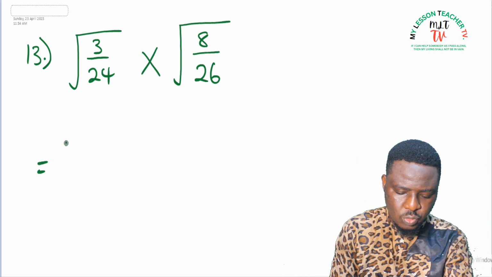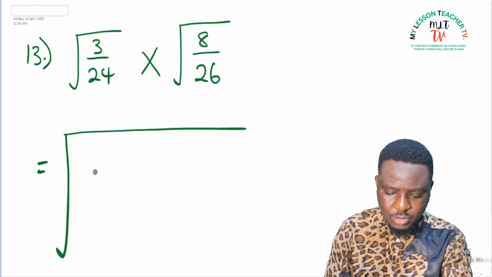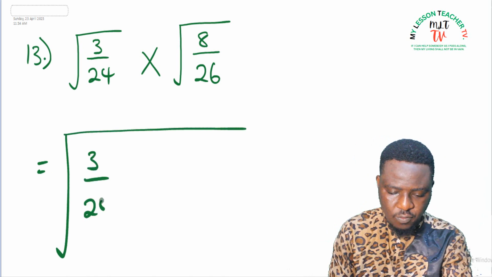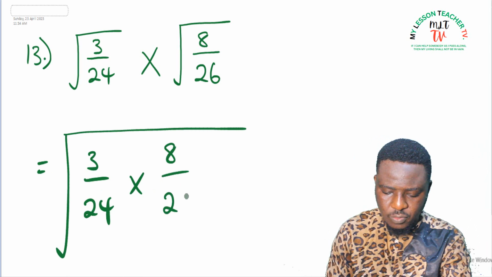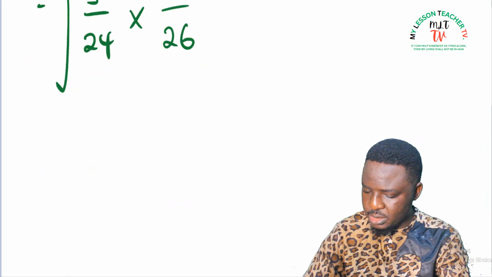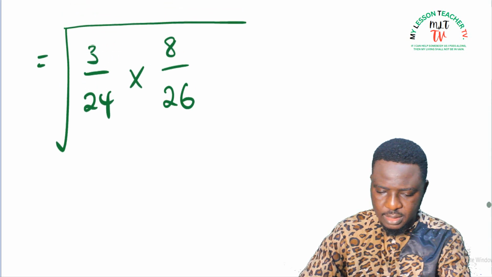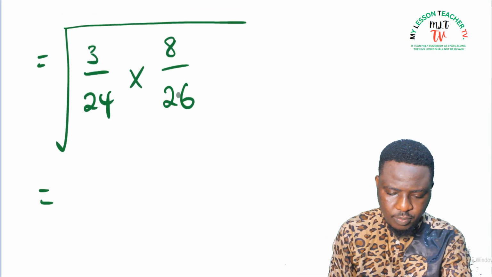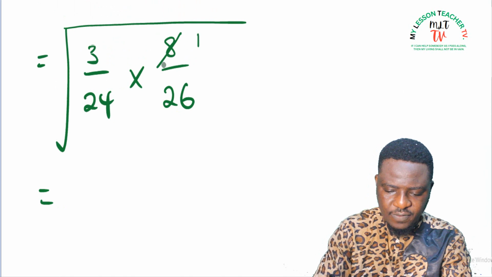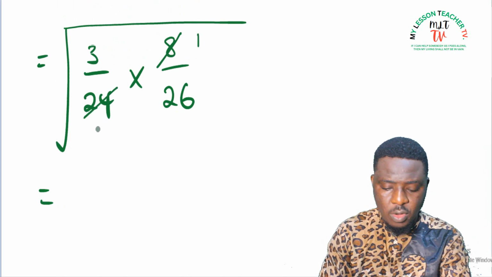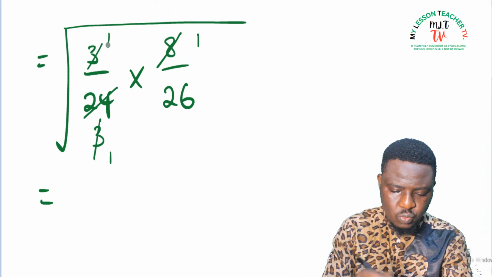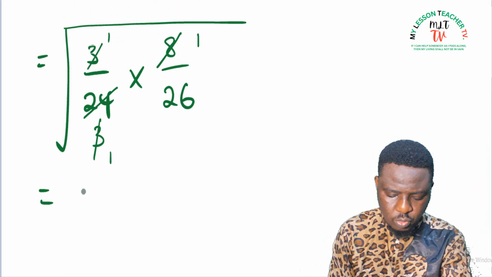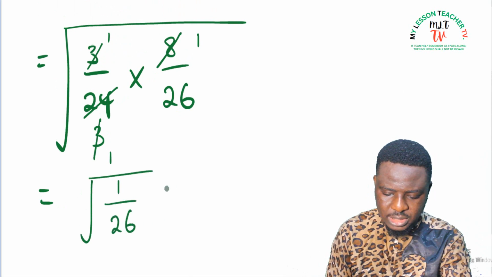So this is equal to root 3 over 24 times 8 over 26, and this can be simplified. 8 is a factor of itself and 24, and 3 into itself is 1, into this is 1. So this can be said to be equal to root 1 over 26.